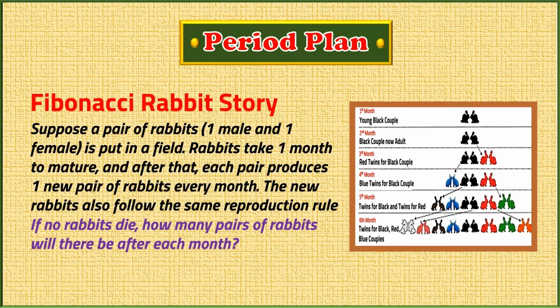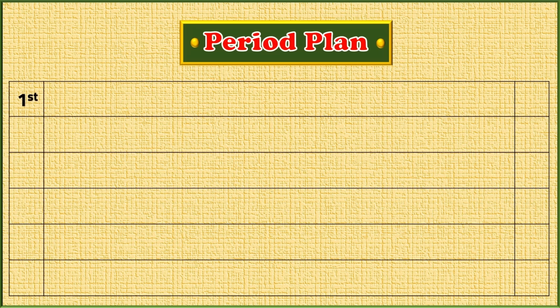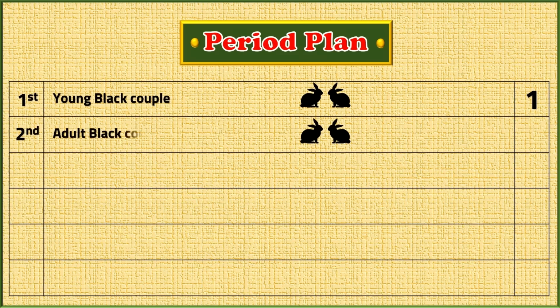Now we will explain the Fibonacci rabbit story. Here for the first month there is a young black couple. It is not adult. For the first month there is one pair. In the second month that young black couple matured and it becomes an adult black couple.